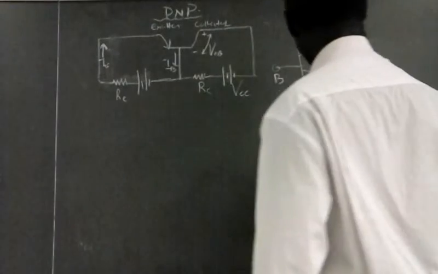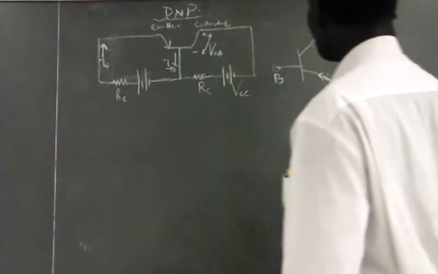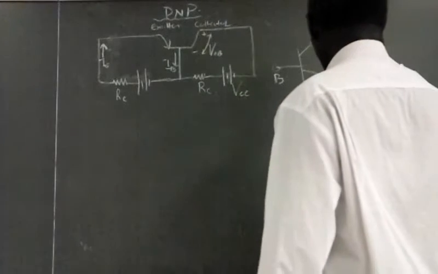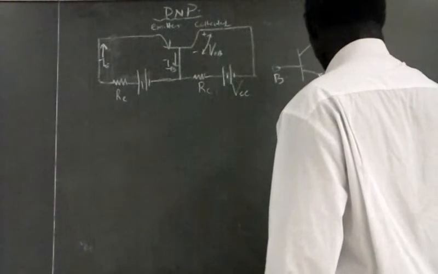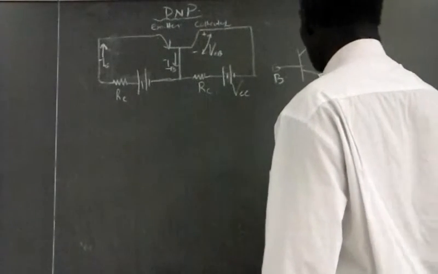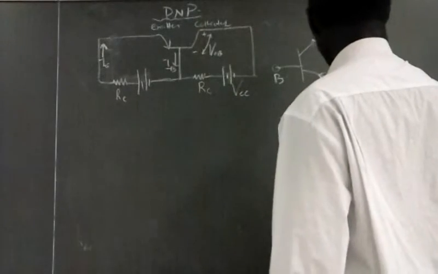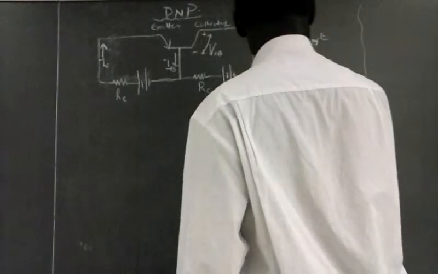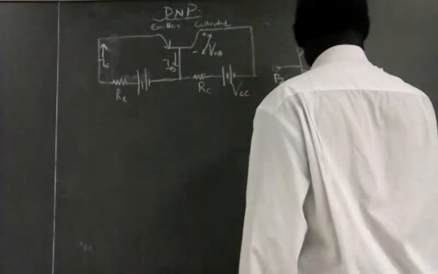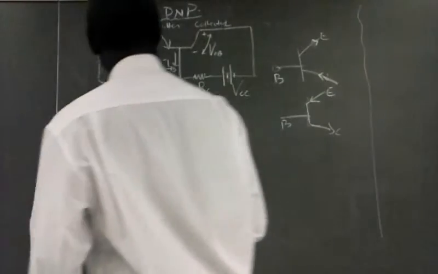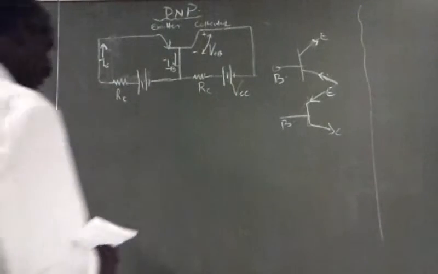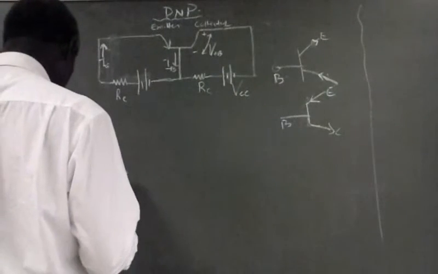So the base. Now we know in the PNP now, we see now that the emitter is coming so. So that is in reverse bias, the BE and the BCC.